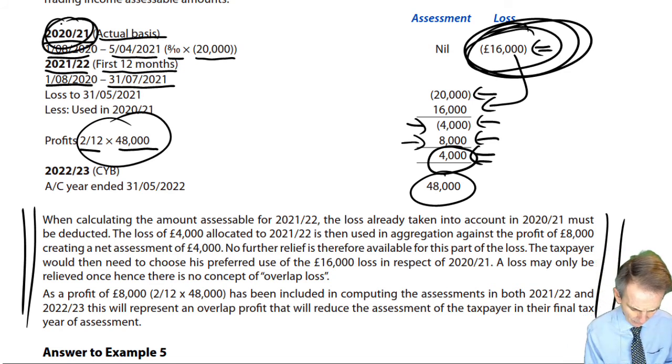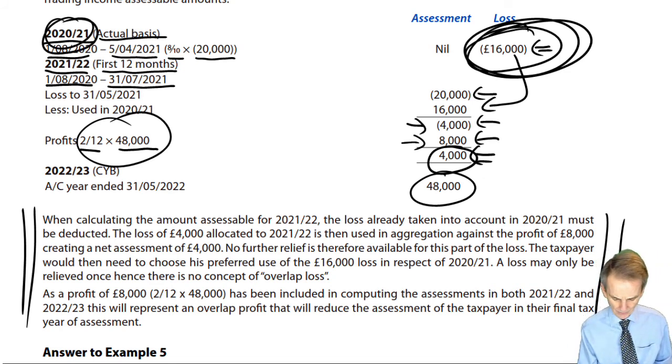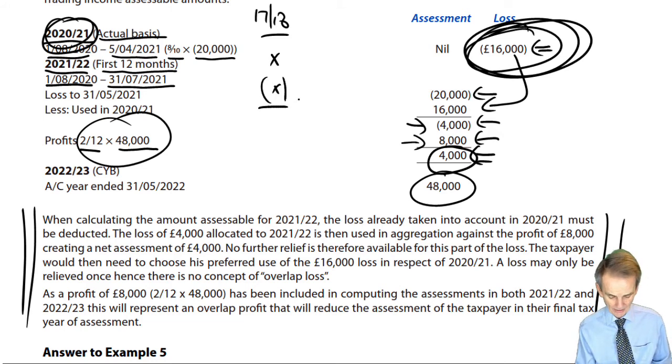So the year of loss is 2021. You go back firstly to the 2017-18 tax year. Whatever total income you had for that year, you would use that loss against it.